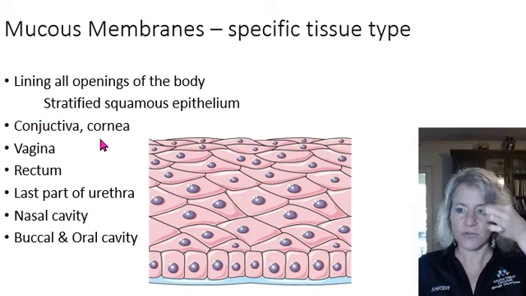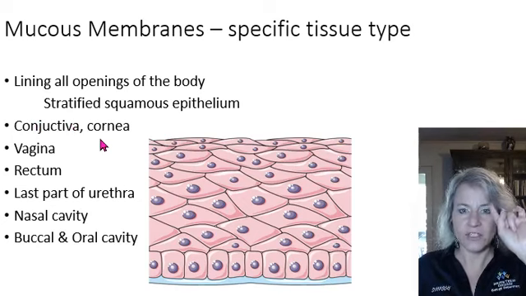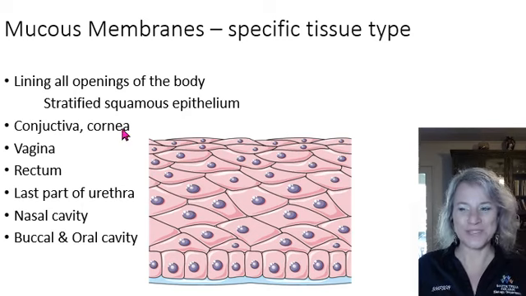So if you were to flip your eyelid, it's lining the underside of your superior and inferior eyelid or palpebra. The cornea is not a mucous membrane, but it is also stratified squamous epithelium.